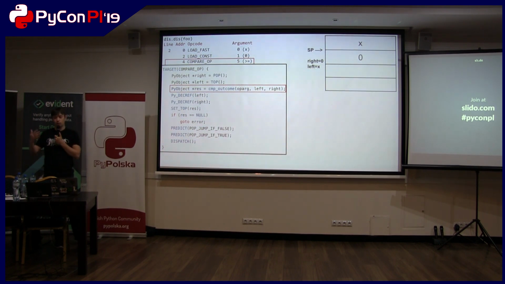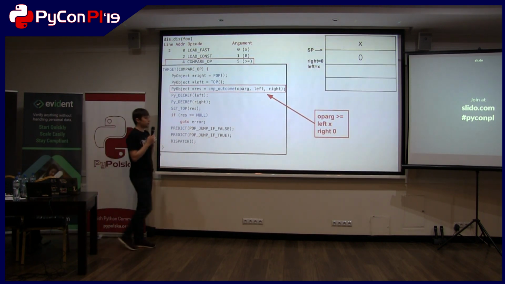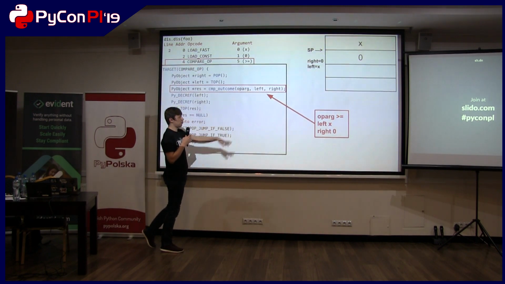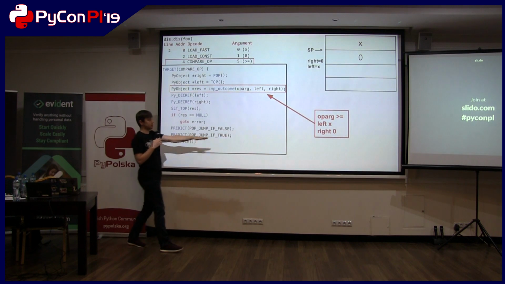Because you need to be sure that you are launching the proper comparison operation for the given 2 types. So let's dive into it. Just to sum up, the arguments here are the op, which is greater or equal than, the left is x, and the right is 0.